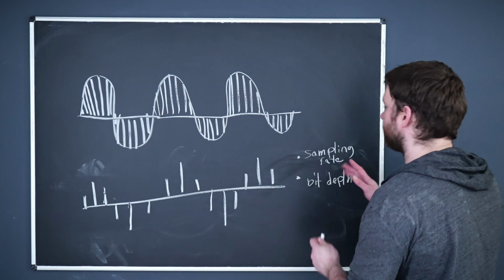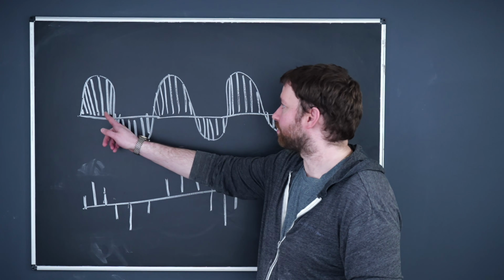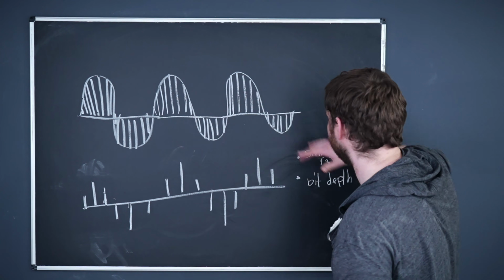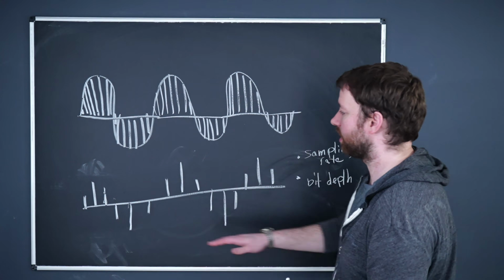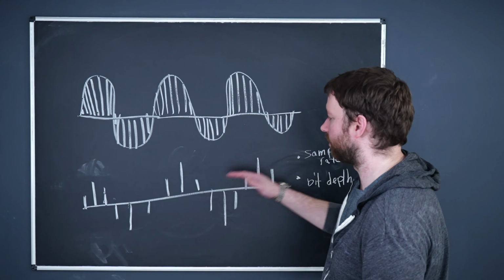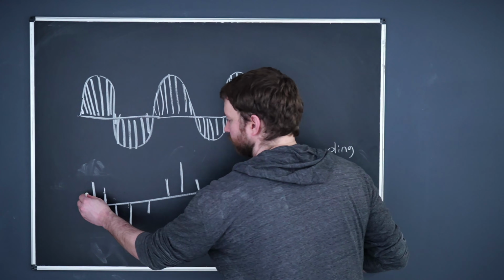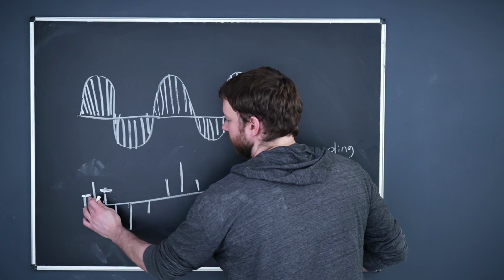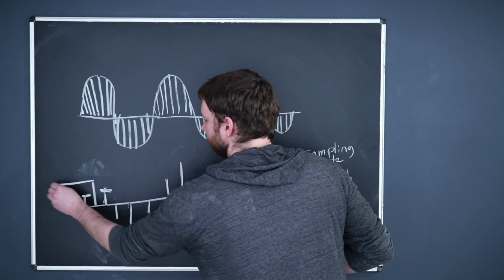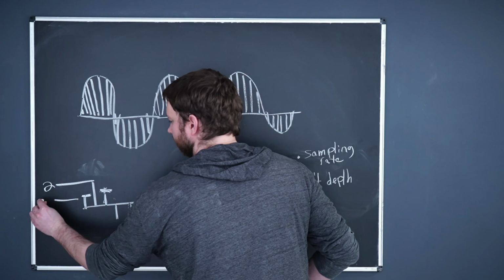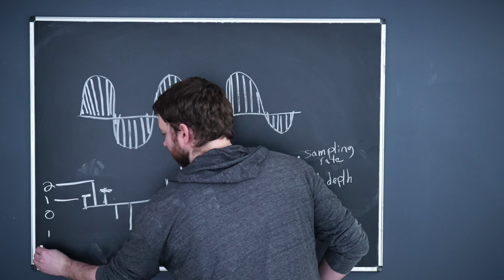The sampling rate is how frequently we snapshot the amplitude of this wave, and the bit depth is how many different possible values we can represent. So in this example right here, these two are at the same level, and this one is at another level, so we have 2, 1, 0, 1, and 2.